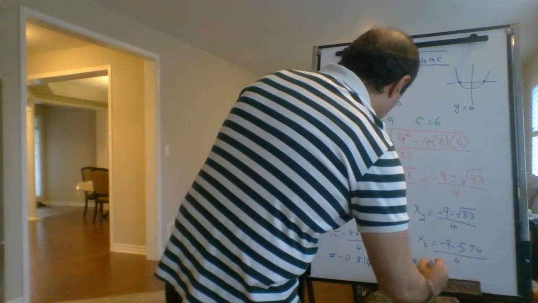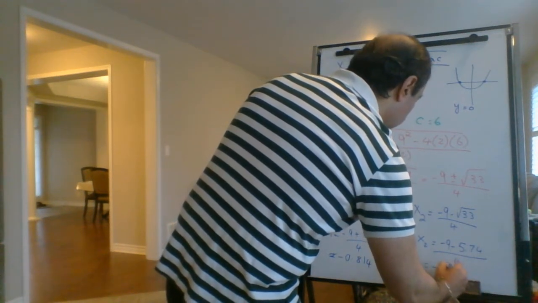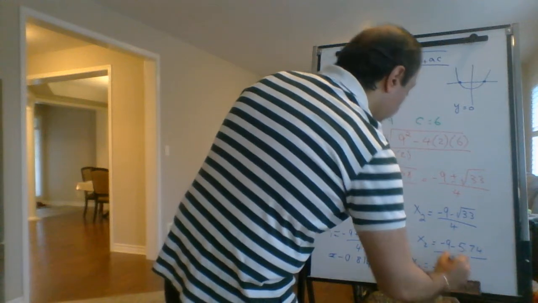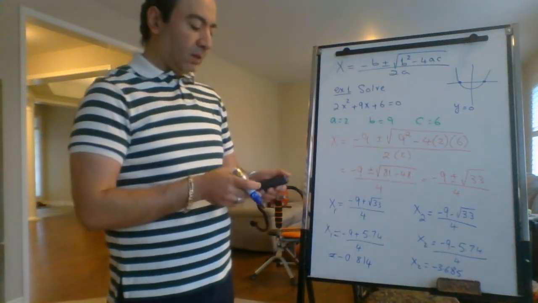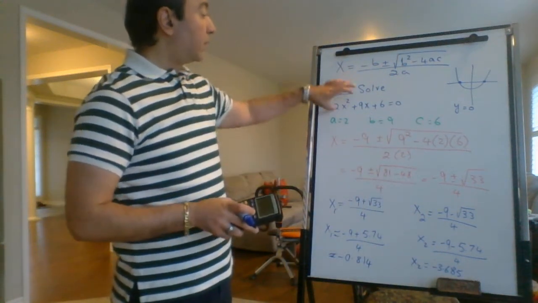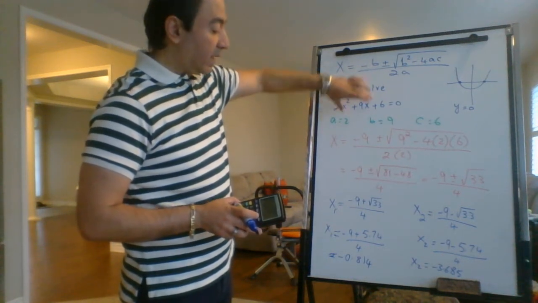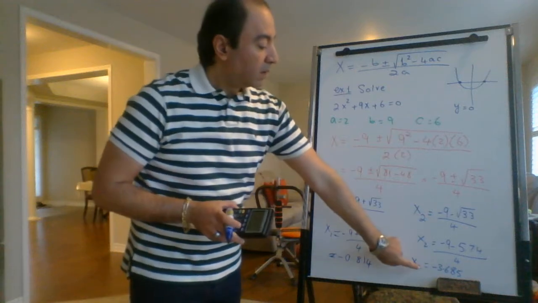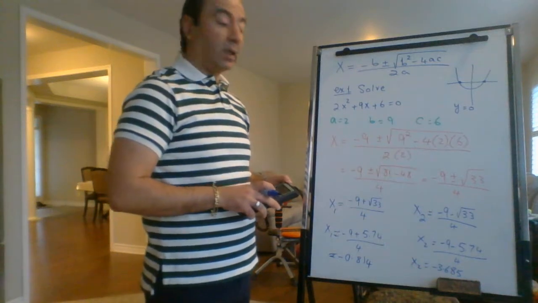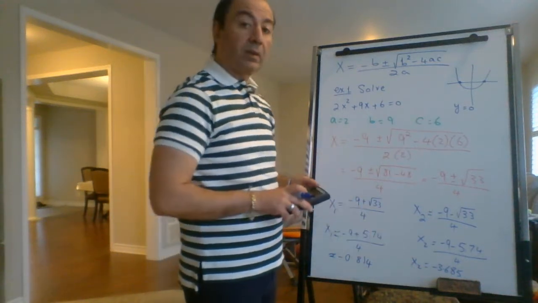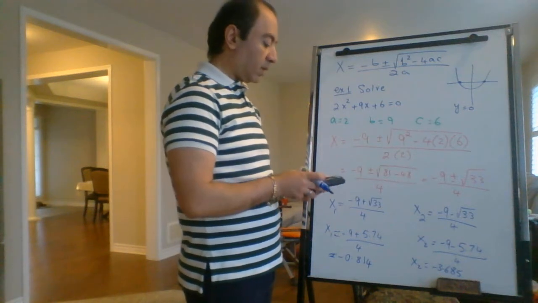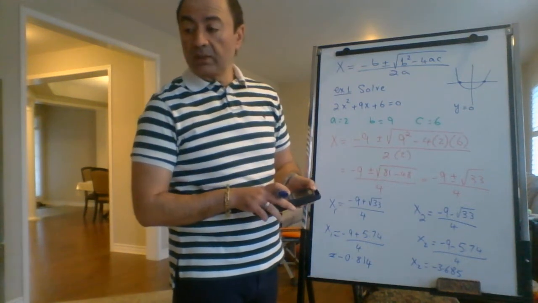The second solution is negative 3.685. That means if we graph this quadratic, it will cut the x-axis at these two points. Okay, so this is how we apply the quadratic formula.